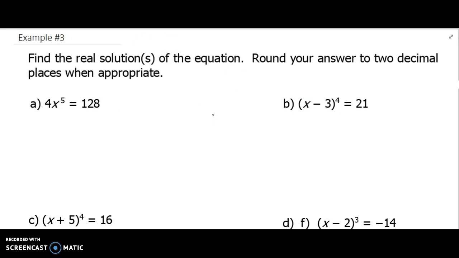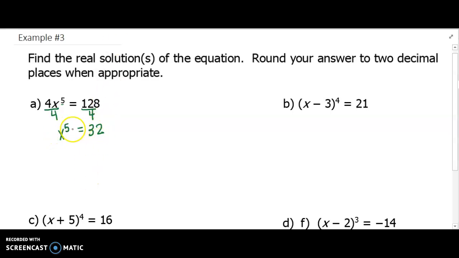Okay, so we've done these before, but we just haven't used anything but squares. So hopefully this isn't too bad. Before we can work on the x to the 5th, because the x is the only thing that's to the 5th power, we want to divide this 4 out. So 128 divided by 4 is 32 equals x to the 5th.